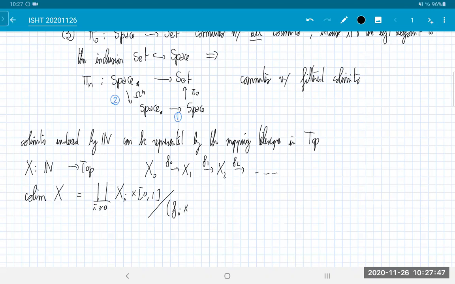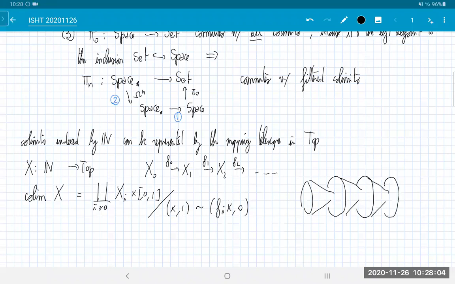I want to say x1 is identified with f0(x0). Sometimes you see this drawing like this, where these are the mapping cones, sort of.